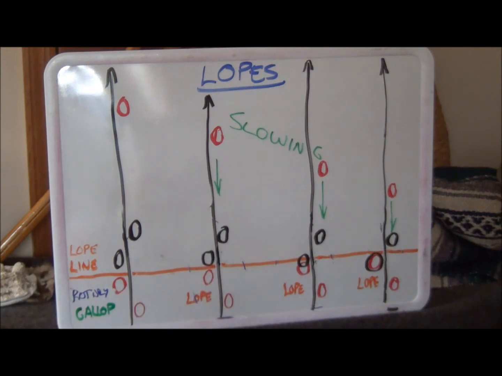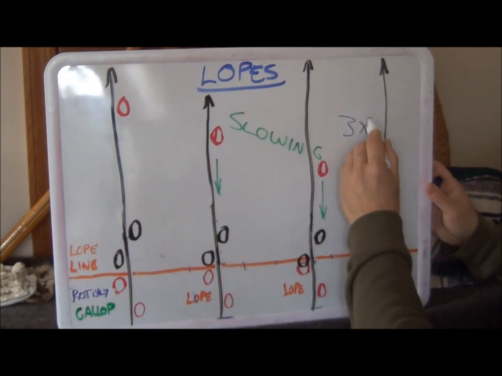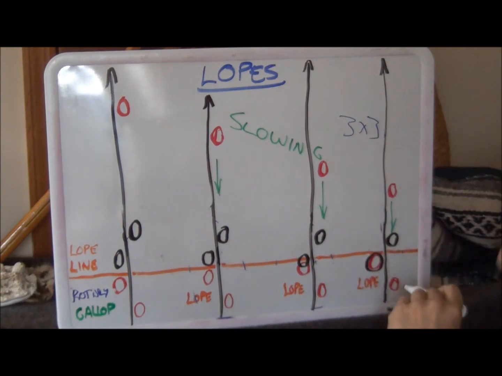And there's our gallop. And as you can see, again, the progression slows. As it's slowing, the hind feet start to move backwards. This is the one that you're going to encounter most of the time. This would be known as a 3 by 3 lope.